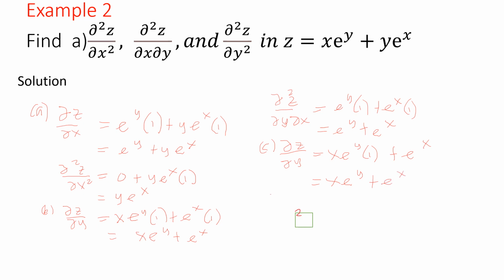Then the second partial derivative of g with respect to y and x equals x e to the power y plus 0, or equals x e to the power y.